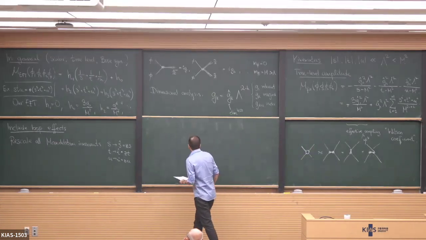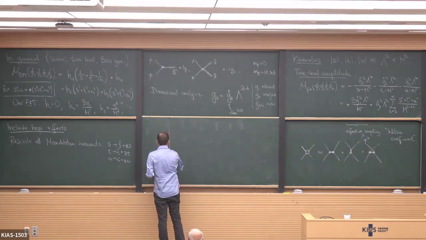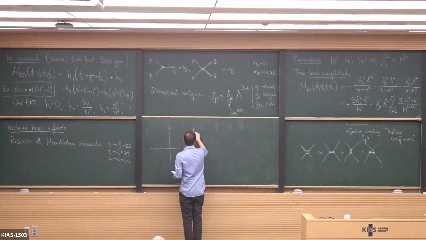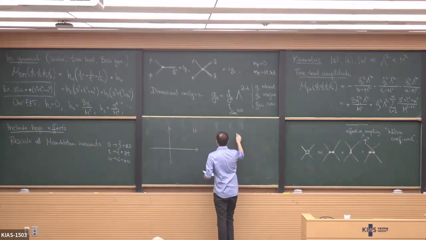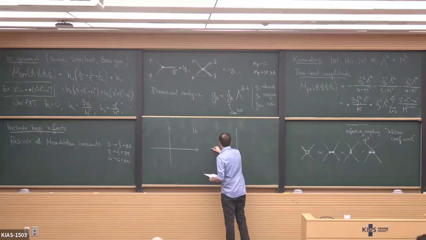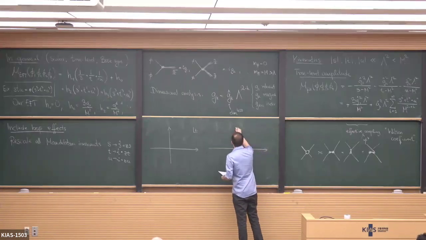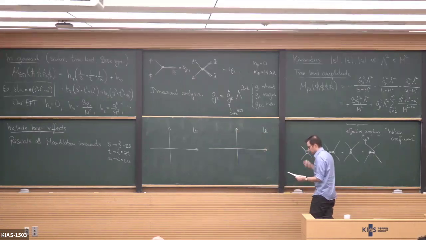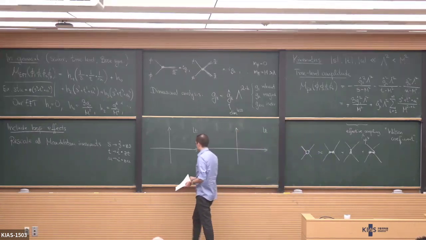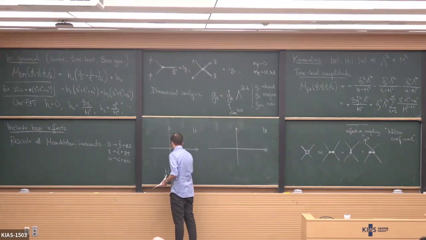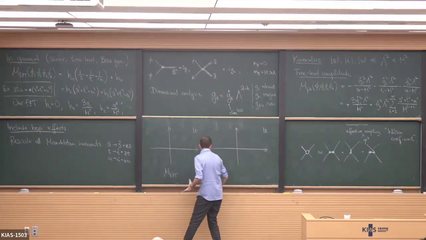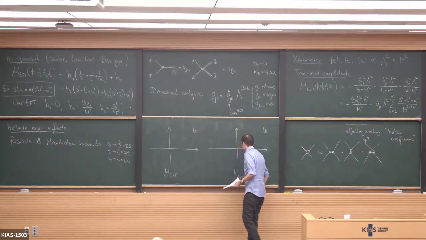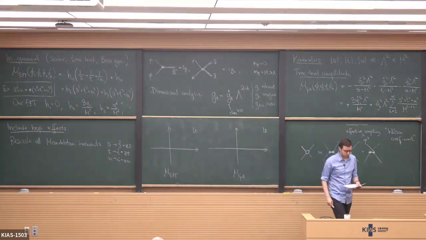Okay, so what I'm going to do is draw a complex plane of z. In fact, I'm going to draw it twice. There's going to be two complex planes because I'm going to study the effective field theory, M EFT, and I'm going to study the full theory. And then I'm going to compare the two.